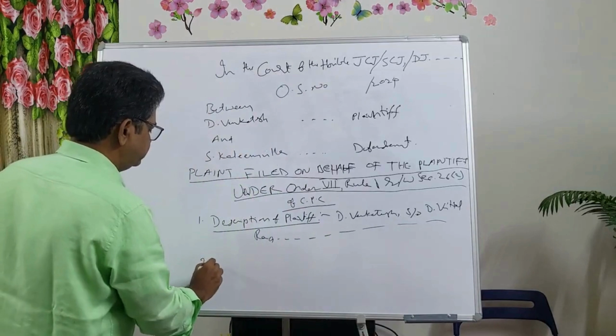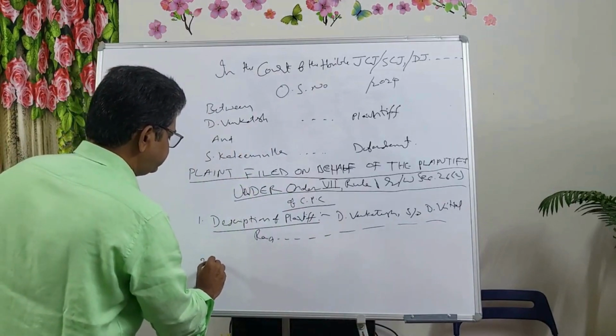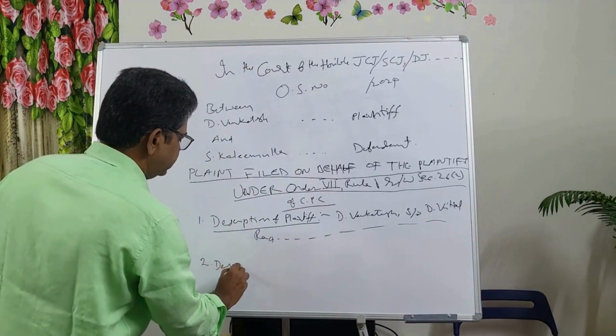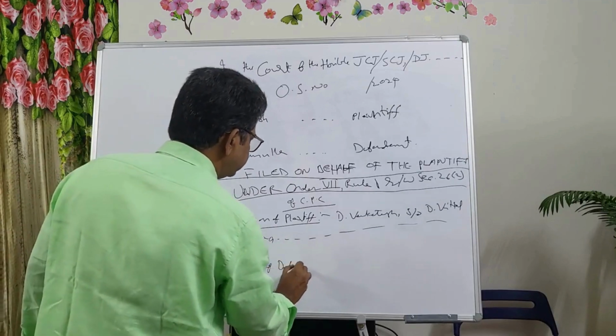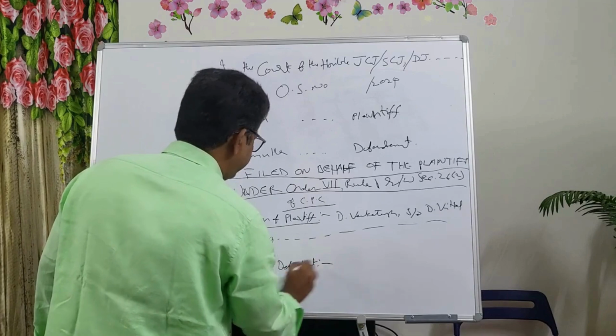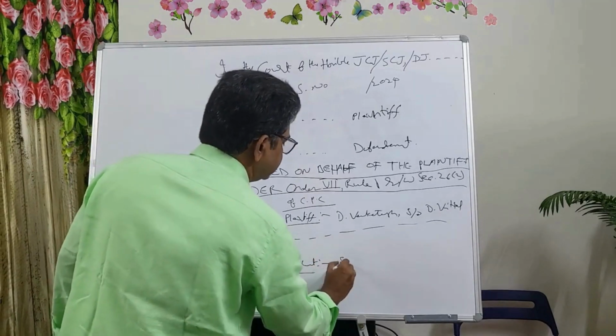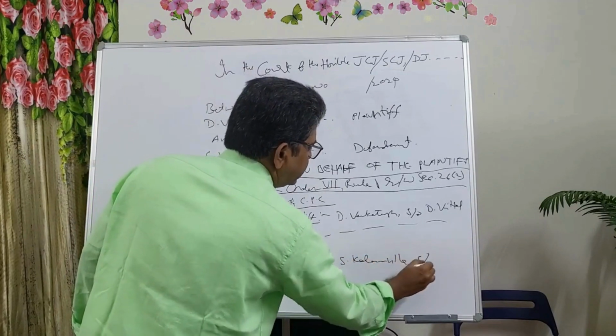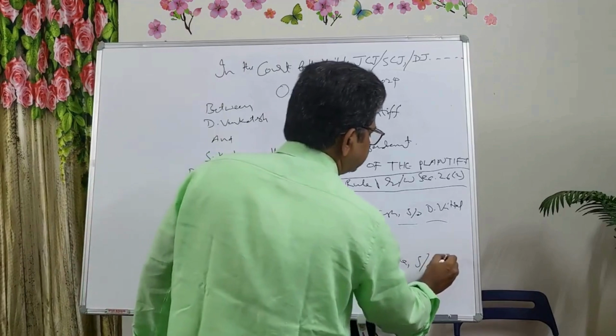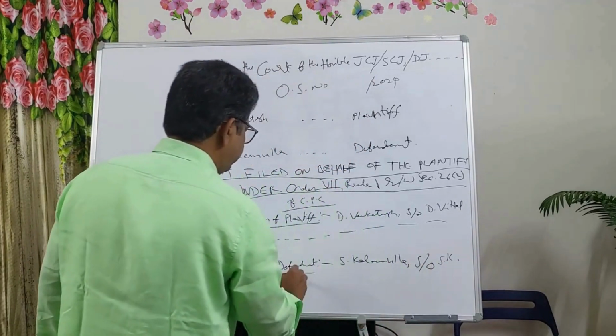Next, number 2: description of defendant. S. Kaleemulla, son of S.K. Nizamuddin.